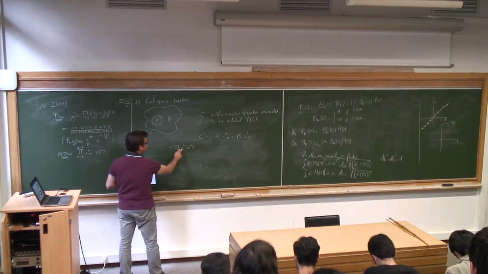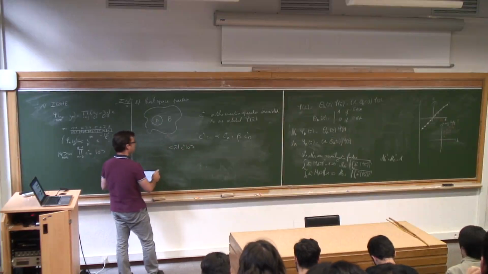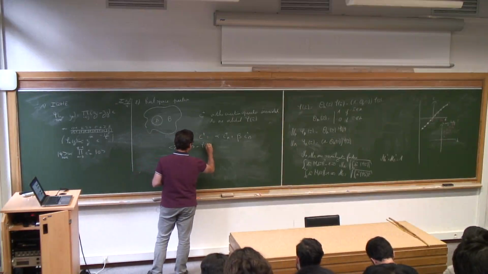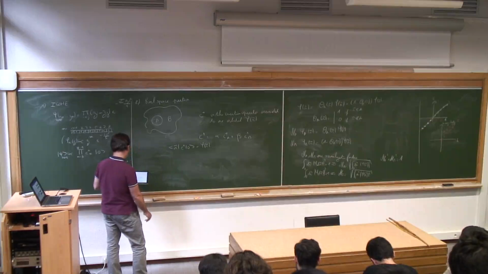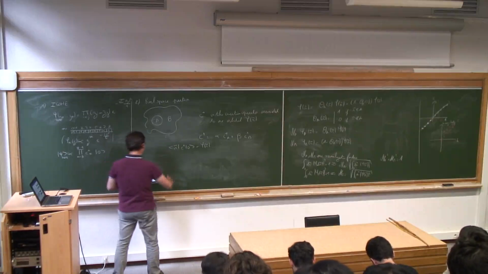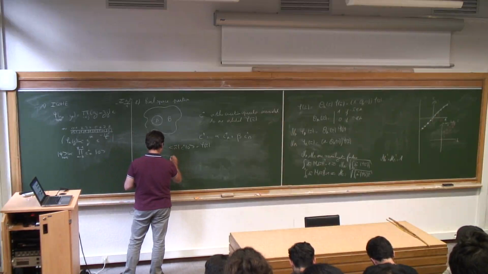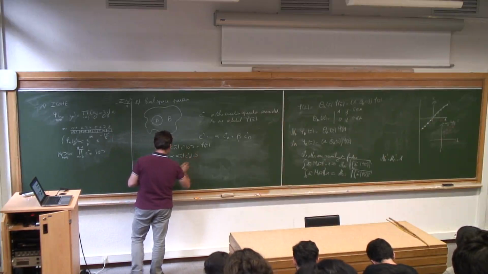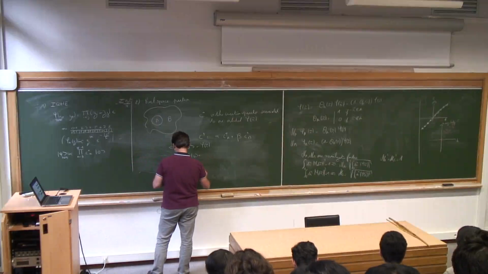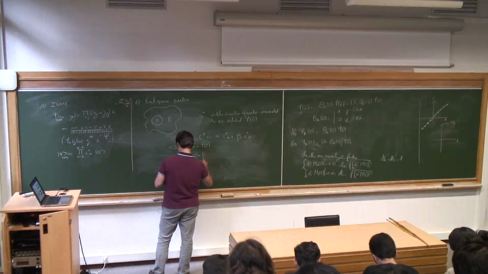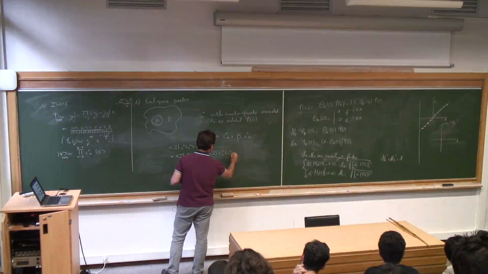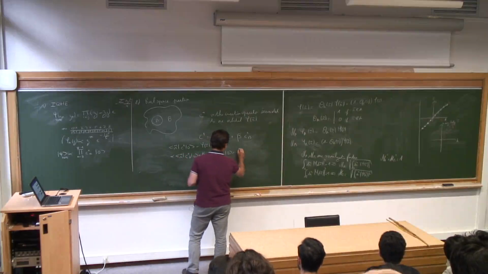By definition, if I create one electron in phi r, this is the expression of the wave function. I can use this formula here, and I will get that alpha r CA dagger plus beta r CB dagger has to be equal to phi r.